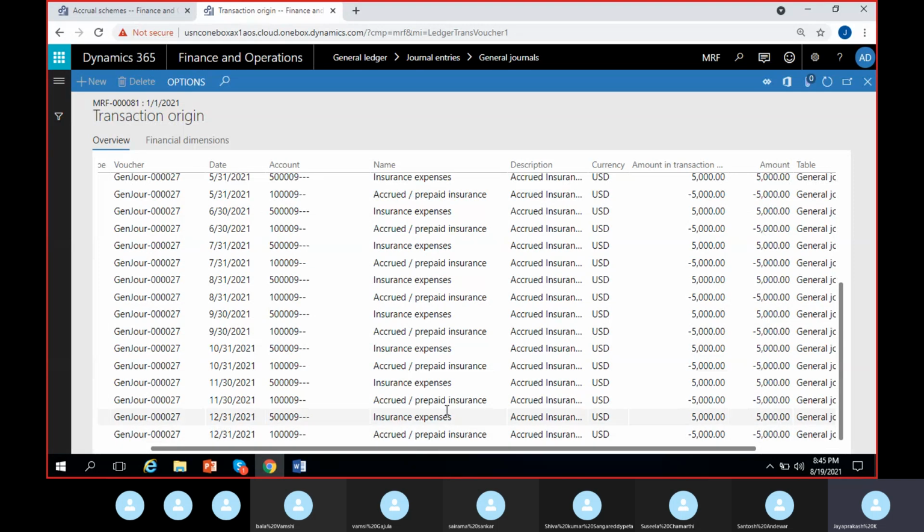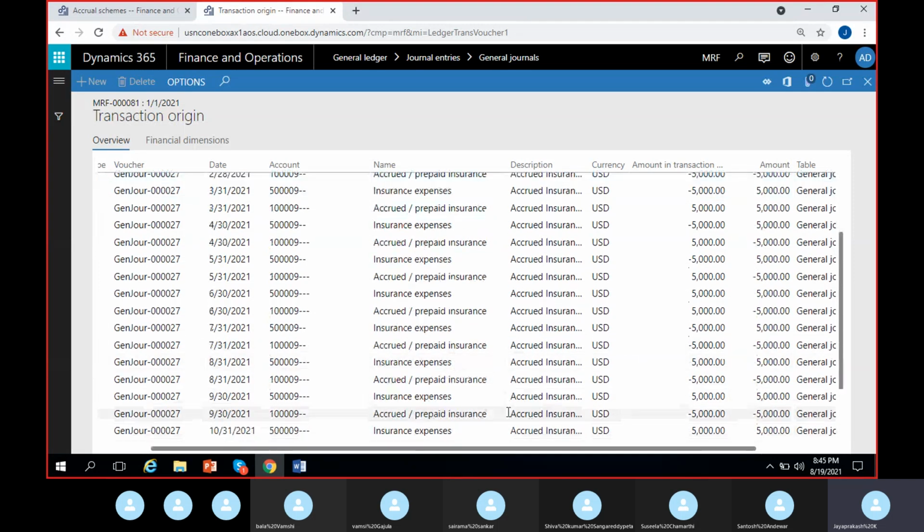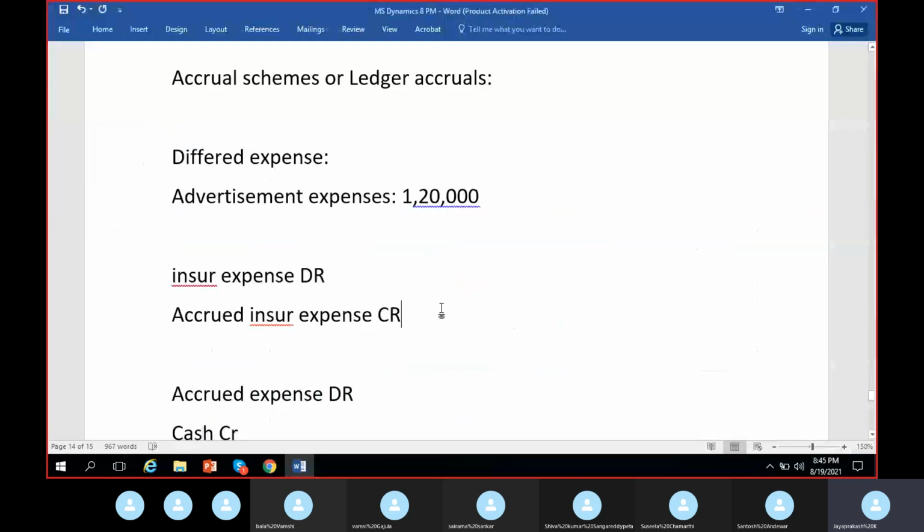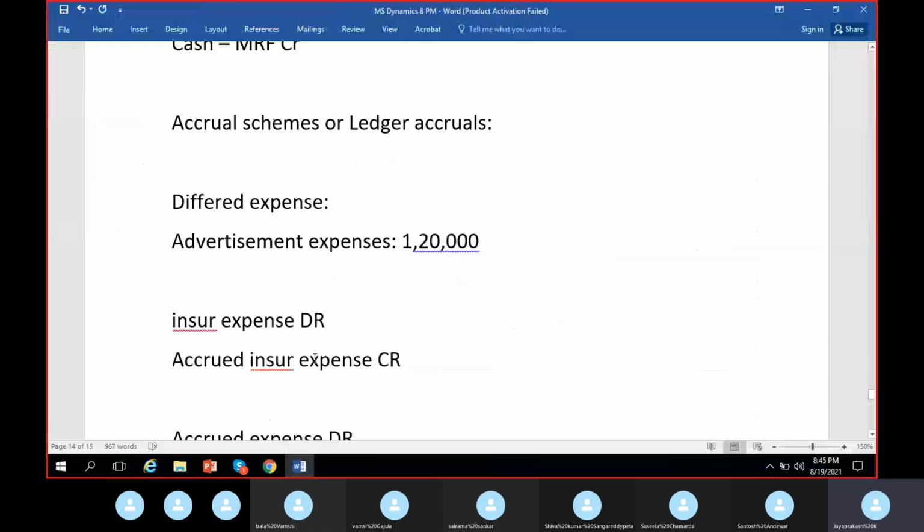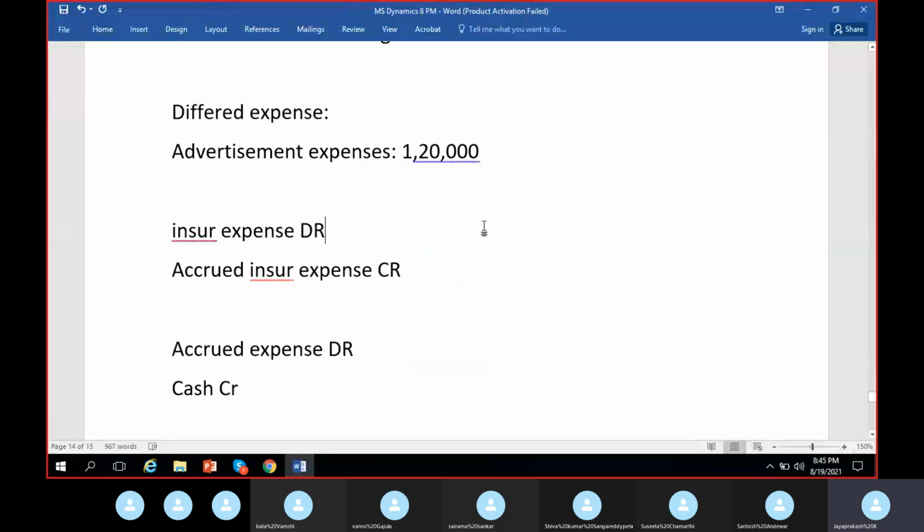I'll tell you then what happens if this is so. If this is posted, generally insurance expense is debited, right? This is for, suppose, 60,000. This is also for 60,000. At the same time, this entry is also posted: 60,000 and cash account 60,000, sorry, not 6,000, 60,000.